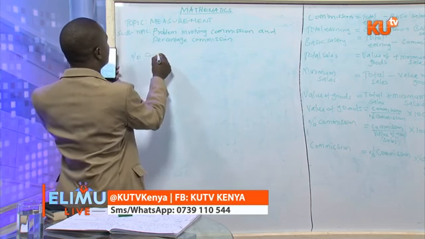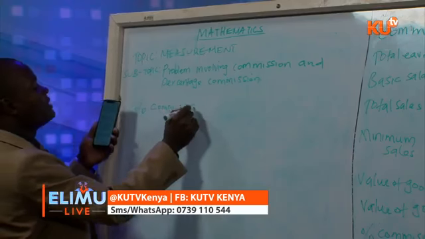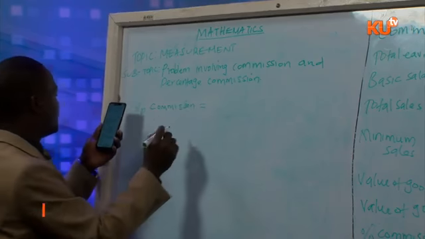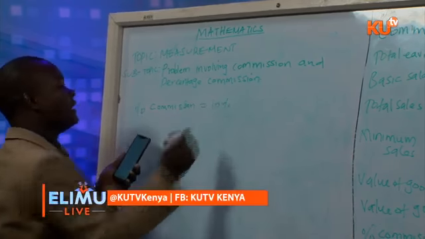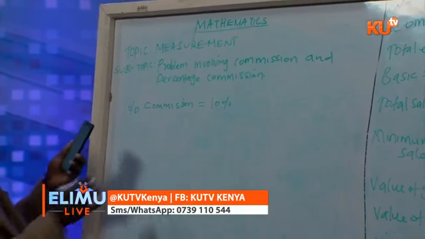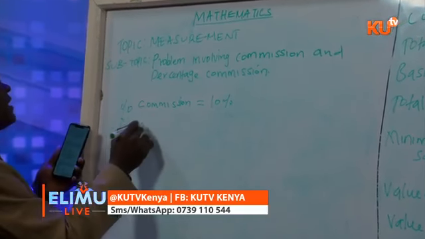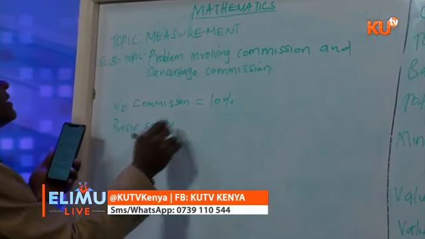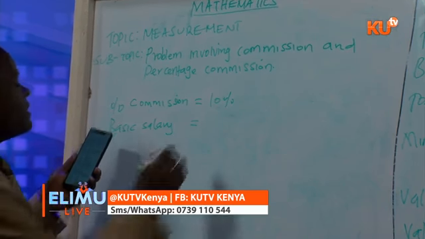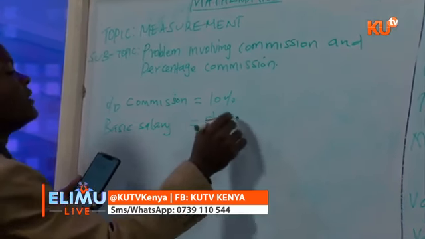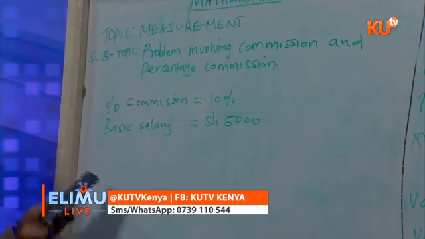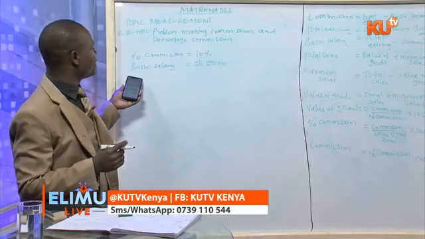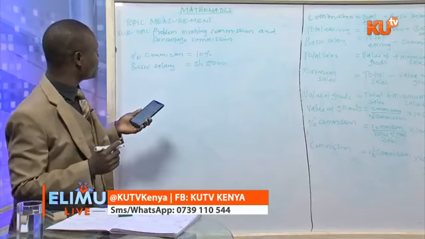So percentage commission we have been given as 10%. That is the percentage commission. Then we have basic salary. The basic salary we have been given as 5,000. So now in this question, the person is being given basic salary and then also is given the commission.